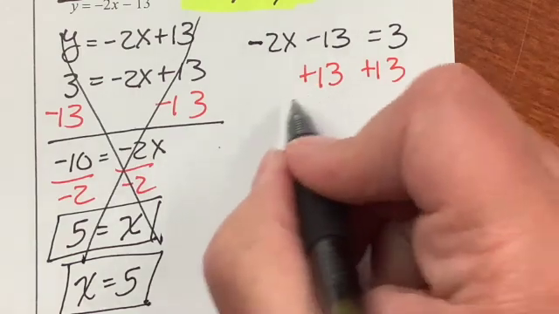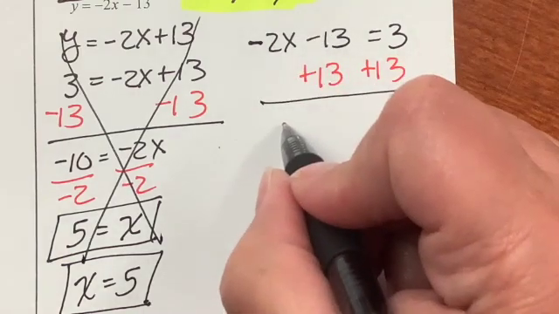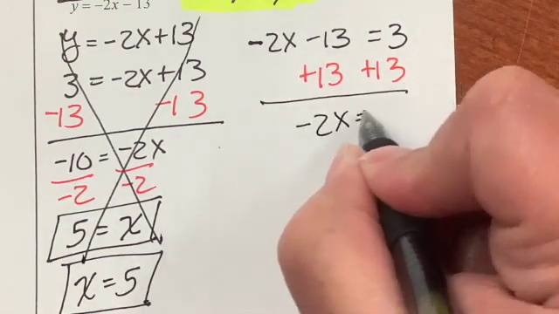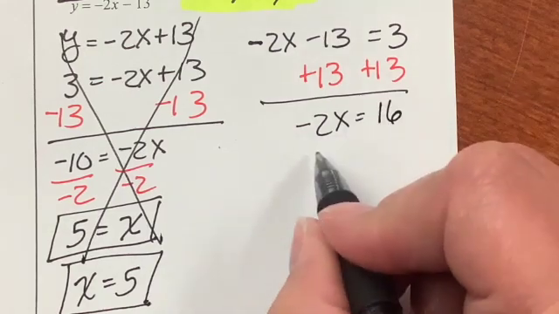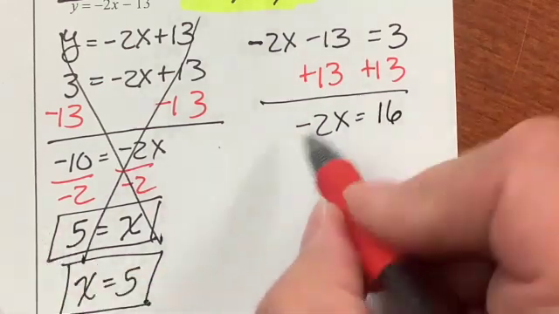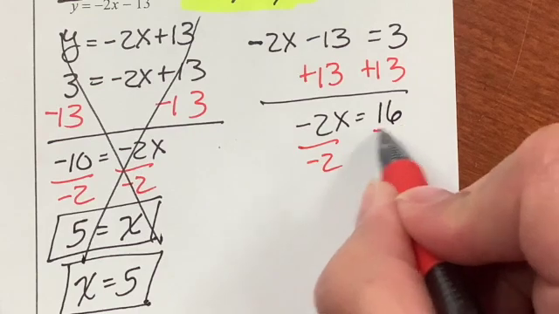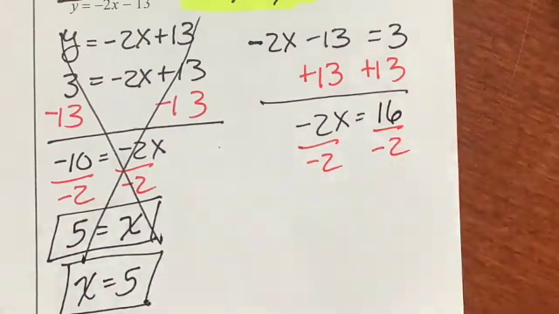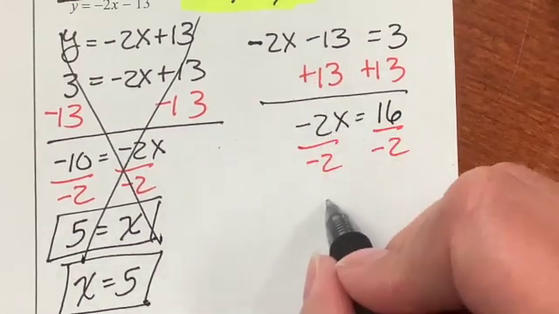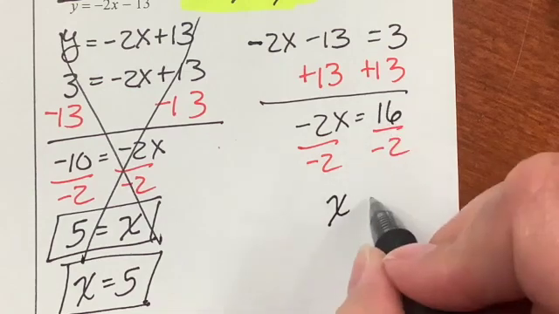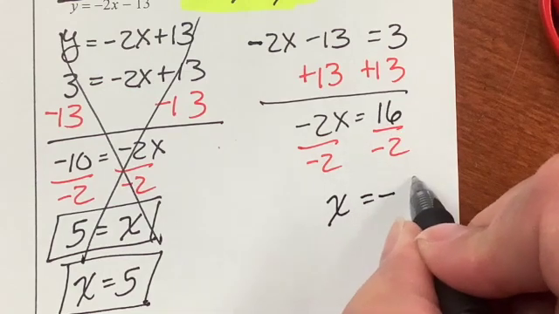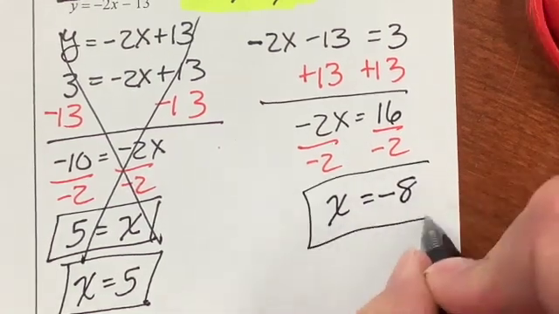And now I'm doing it right. Here we go. Negative 2x equals 16. I have to divide by negative 2. Negative 2 divided by negative 2 is just 1x. 16 divided by negative 2 is negative 8.